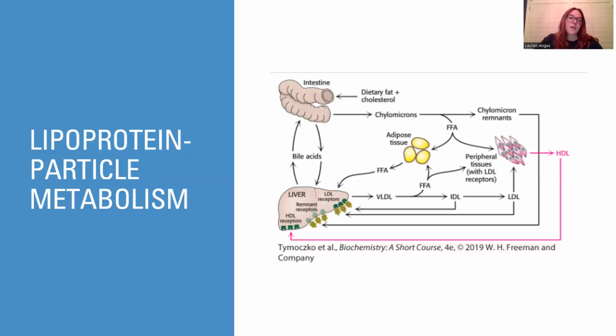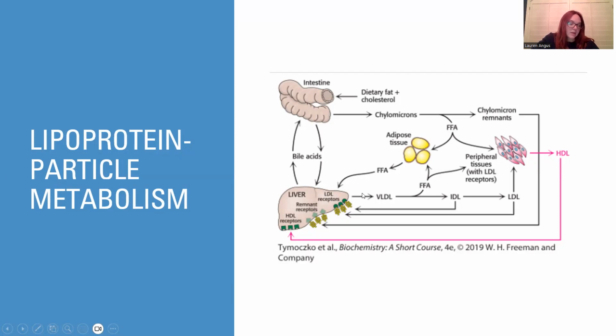So kind of going over the lipoprotein particle metabolism, you have your LDL receptors, remnant receptors, and HDL receptors within your liver here. And you'll also have LDL receptors on your peripheral tissues over here. So what happens is that cholesterol synthesis occurs, and then VLDL is produced.